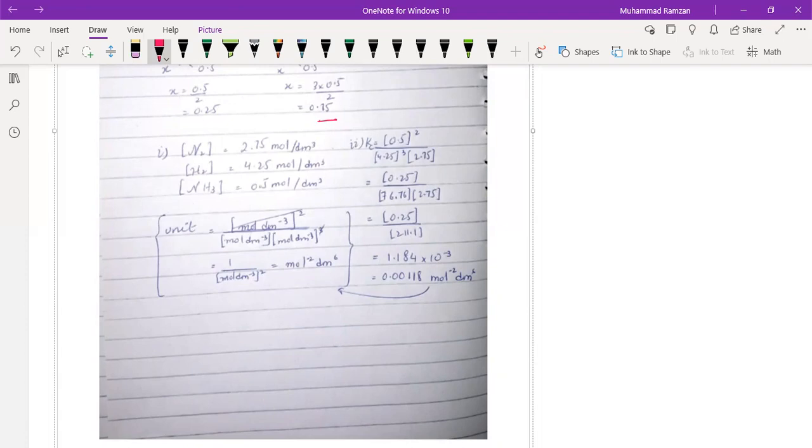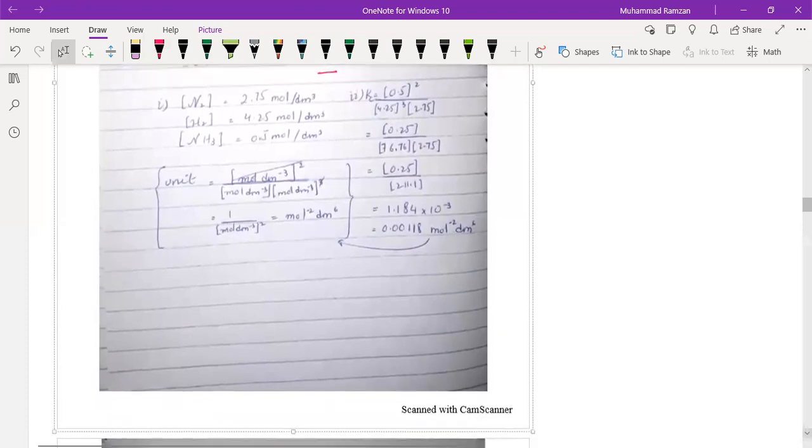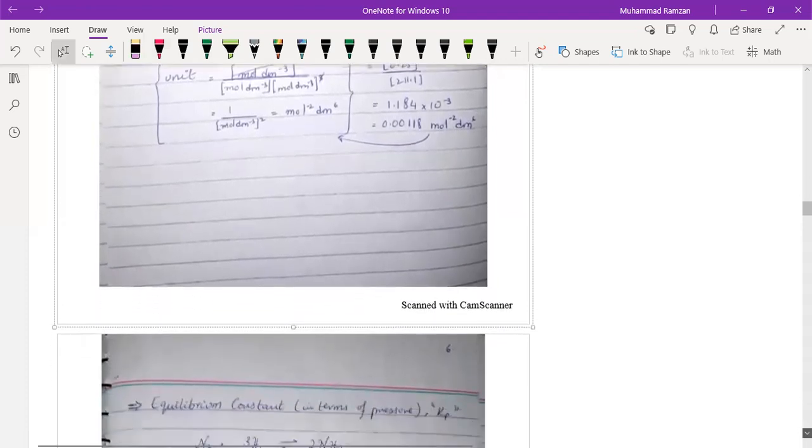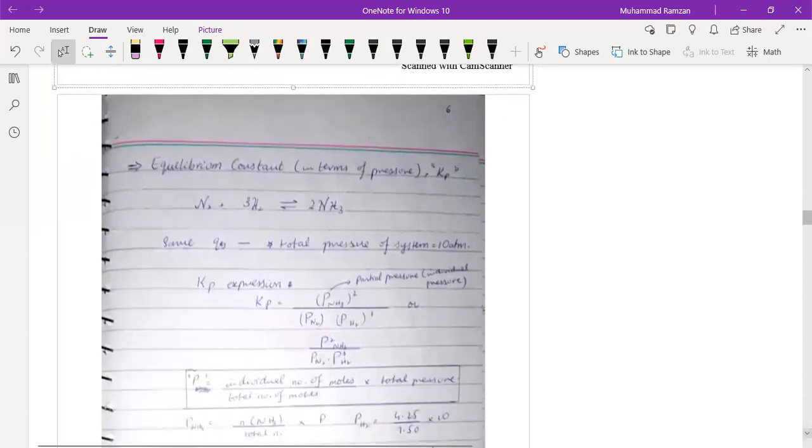No. Okay. Next is the next constant. Equilibrium constant in terms of pressure, that is Kp.